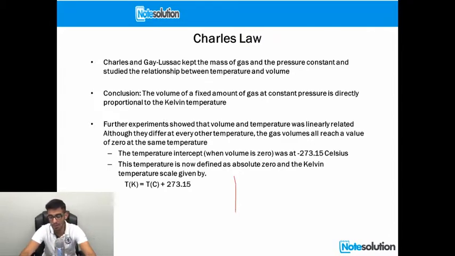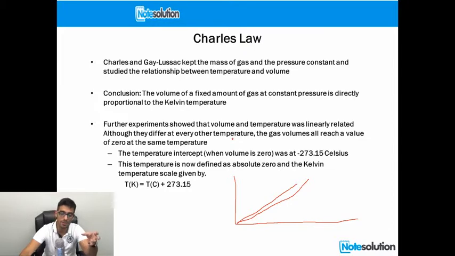So if, let's say, we have a graph, when you raise the volume, the temperature raises, same sort of relationship. What they found out is that although the volume differs at every temperature, the gas volumes always reach a value of 0 at the same temperature.